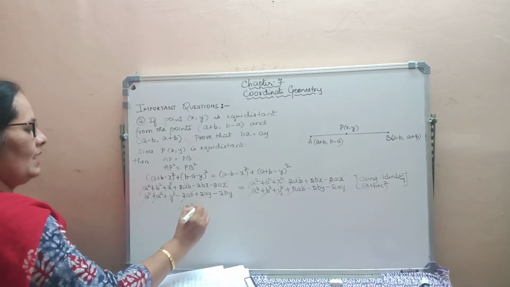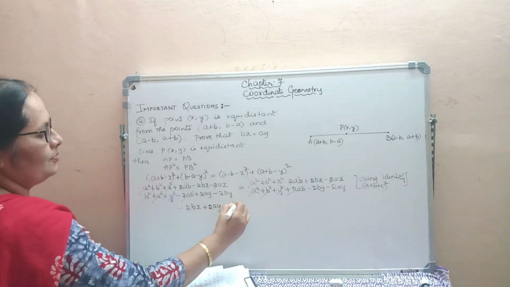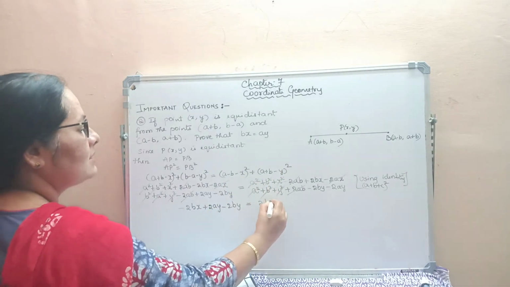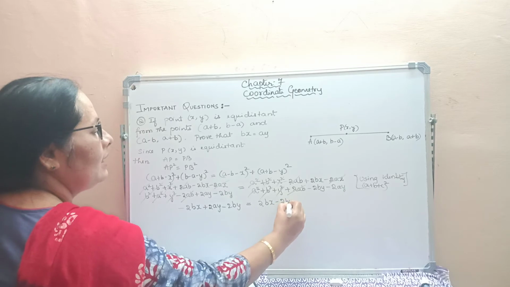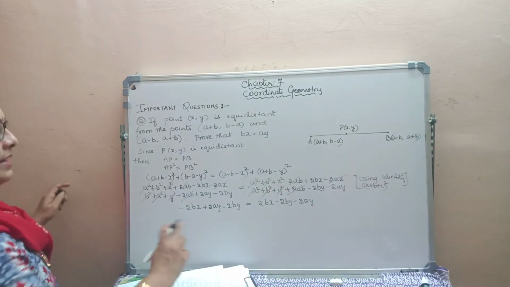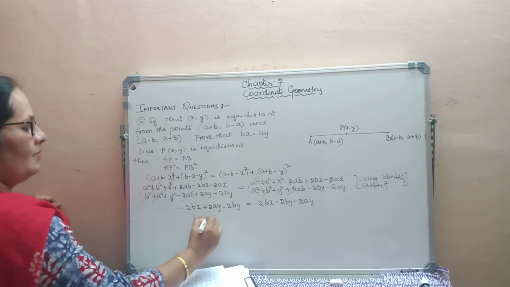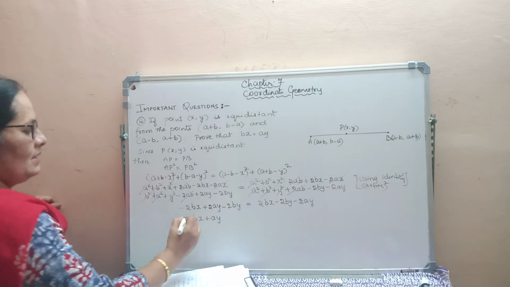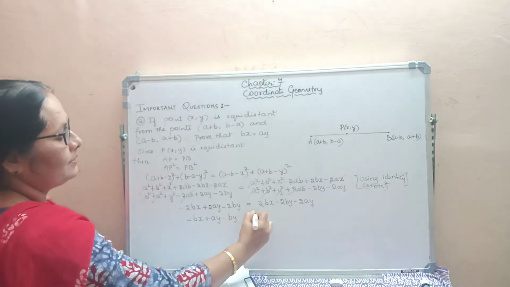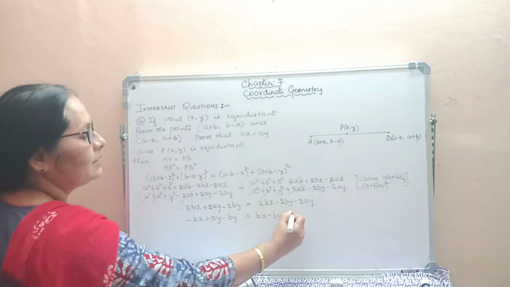Minus 2bx plus 2ay minus 2by. The right side, 2bx minus 2by minus 2ay. Now divide both sides by 2.